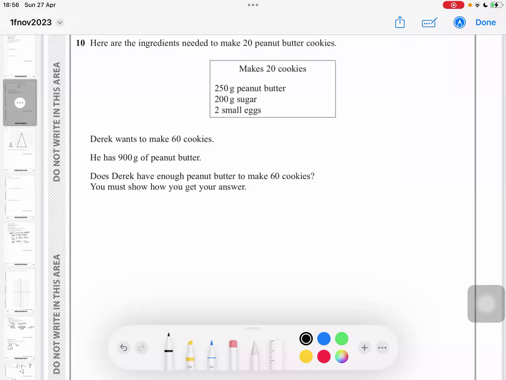Okay, so if you multiply 250 by 3, what would you get? That's 750, I think. 3 times 5 is 15. 3 times 2 is 6, plus 1 is 7. Yes, 750.